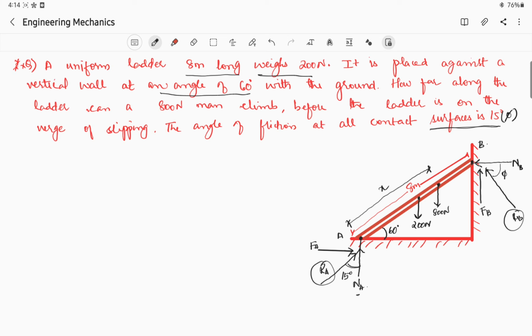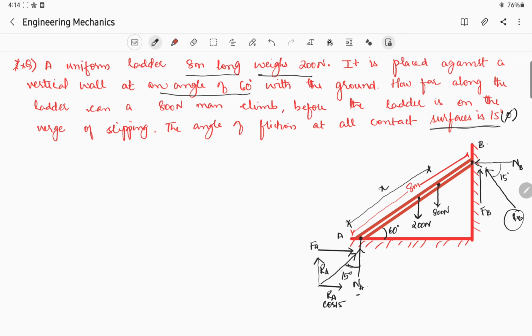This angle is 15 degrees with the x-axis, here 15 degrees with the y-axis. Since our force RA is inclined, we will have two components, like this and like this. The horizontal component will be RA cos 15.